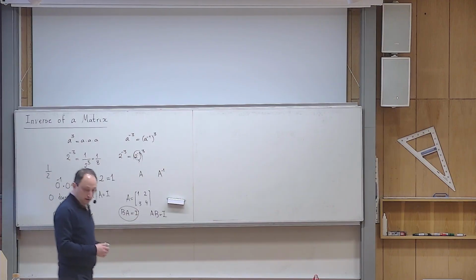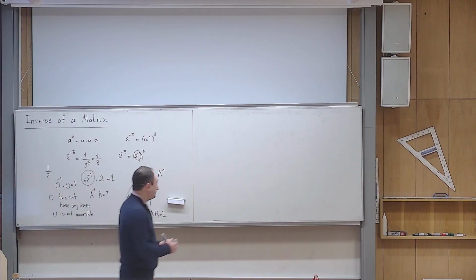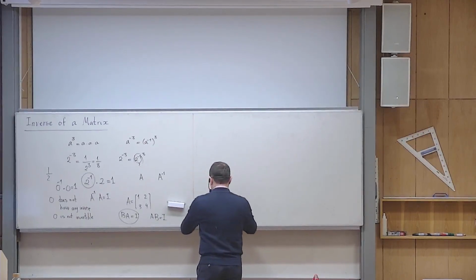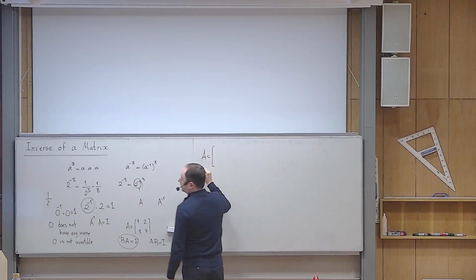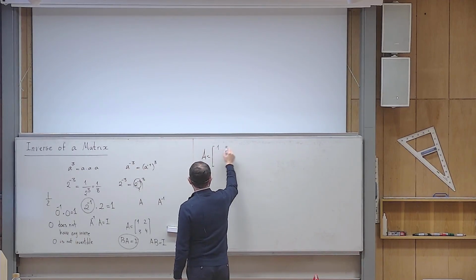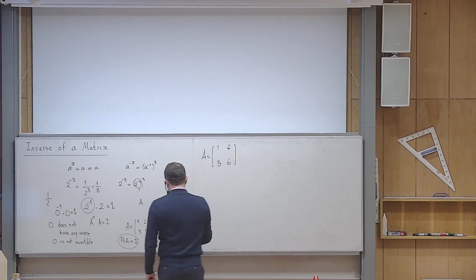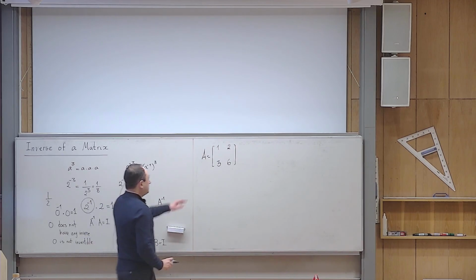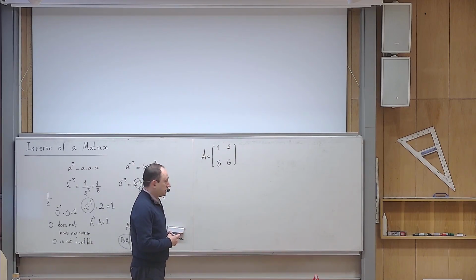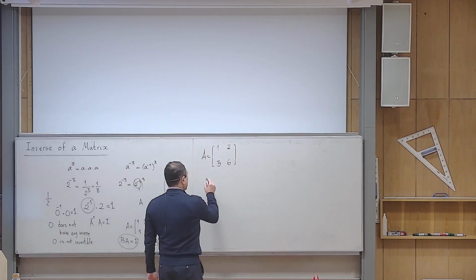So A is 1, 2, 3, 6. We want to show that this matrix is not invertible. Let us assume that it is invertible.